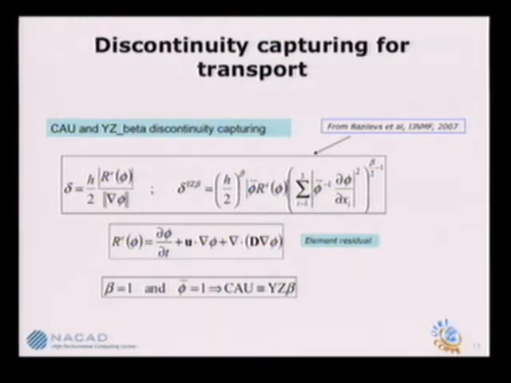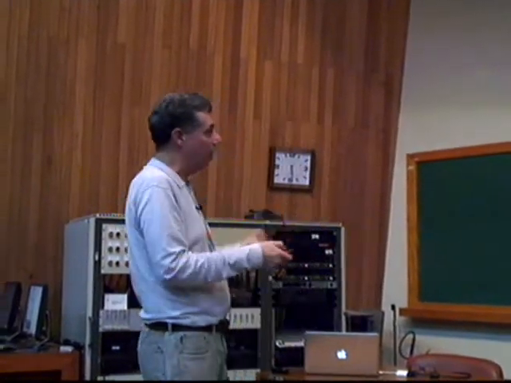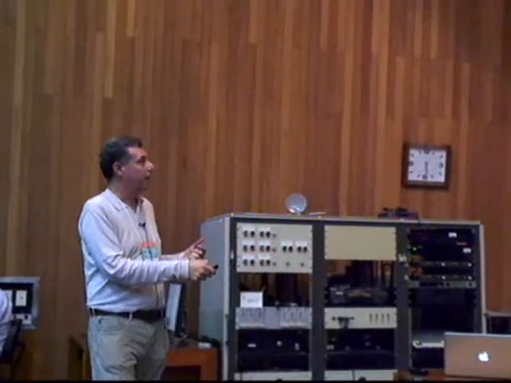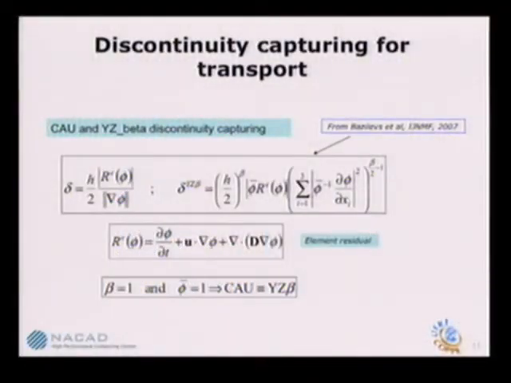When you are using dimensional quantities, you have to scale the residual. But here we are in the non-dimensional realm, and then this relies on the standard form for this discontinuity capturing for transport.